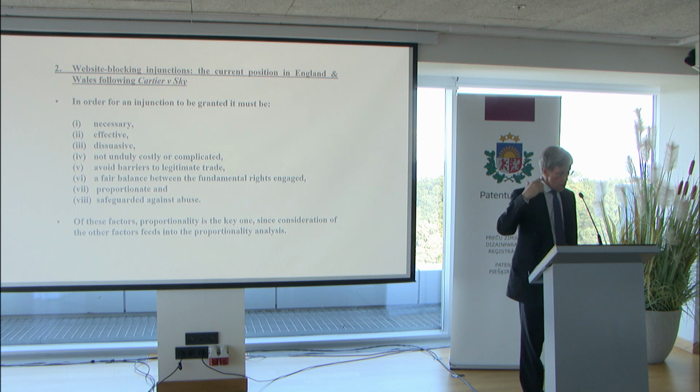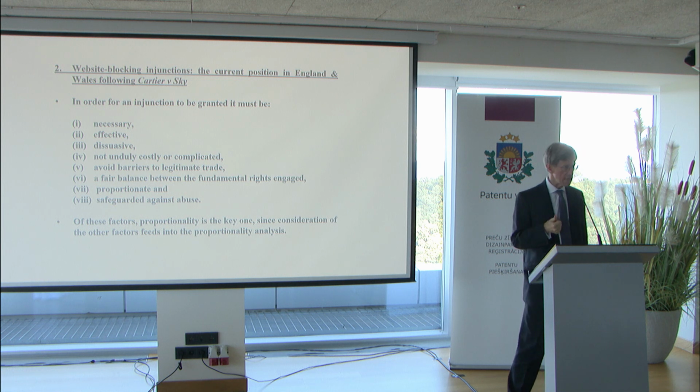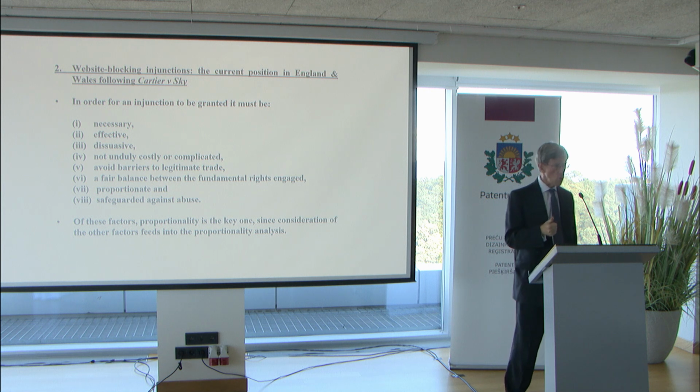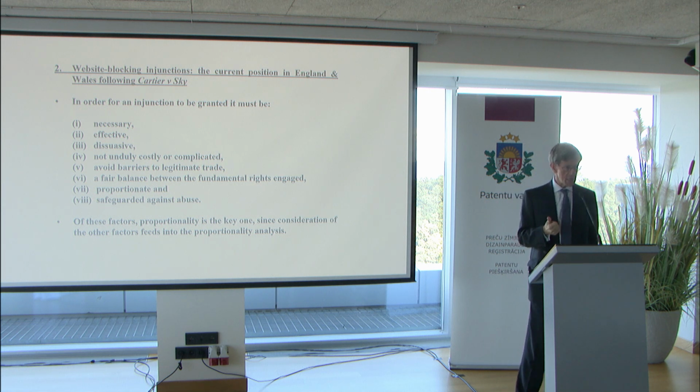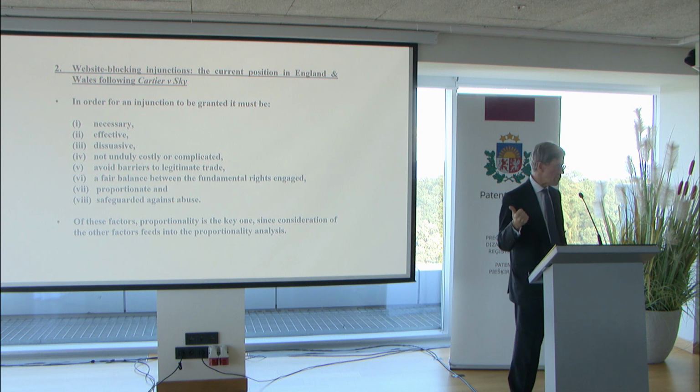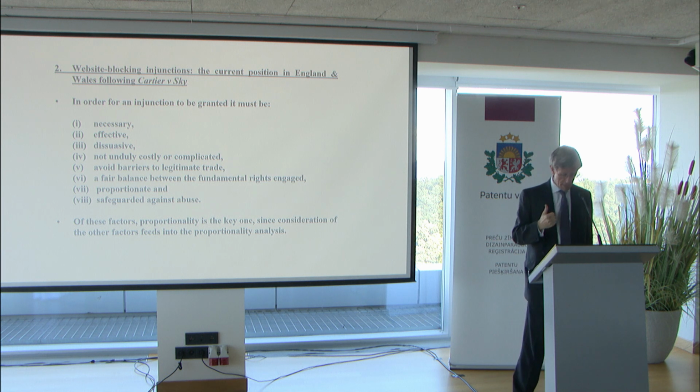The one thing that doesn't come off the face of Article 3 of the Enforcement Directive is requirement 6, which is striking a fair balance between the fundamental rights that are engaged, and that comes from a whole list of cases in the Court of Justice, such as the L'Oréal and eBay case, which was one of my 15 references.